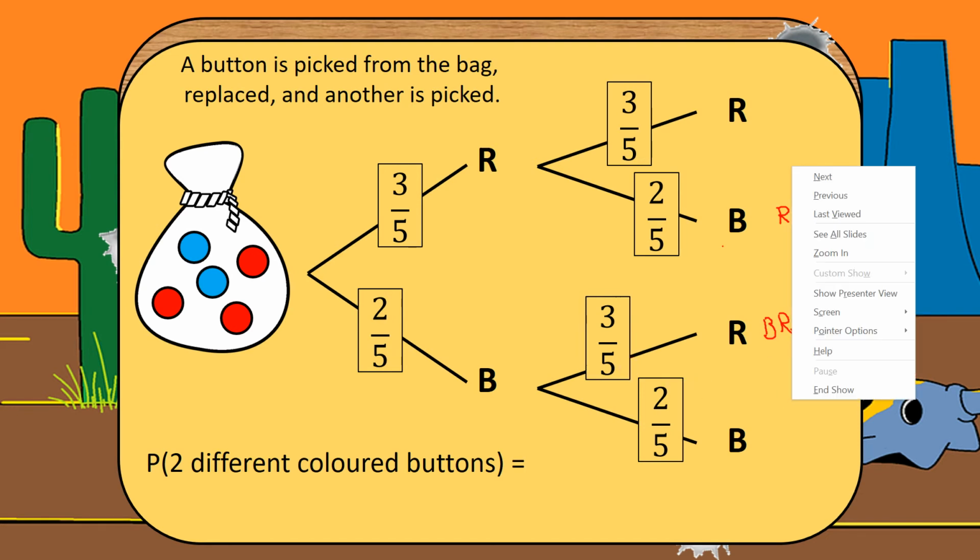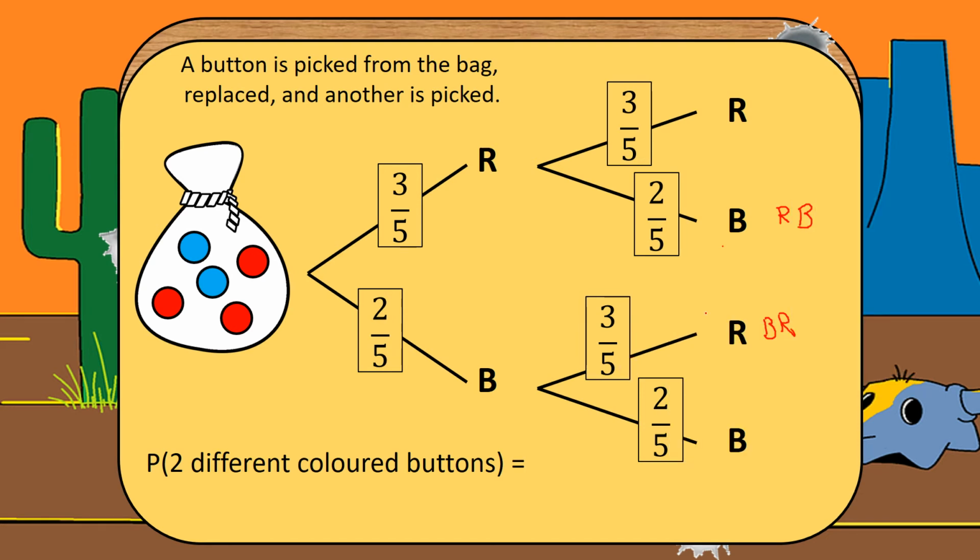So we do the first one, the 3/5 and the 2/5. We times those ones together. We're going to get 3 times 2 is 6. 5 times 5 is 25. And on the bottom one, 2 times 3 on the top is 6. 5 times 5 is 25.